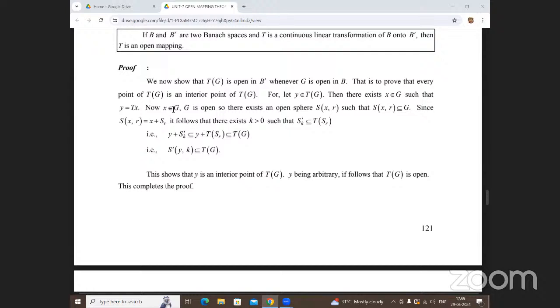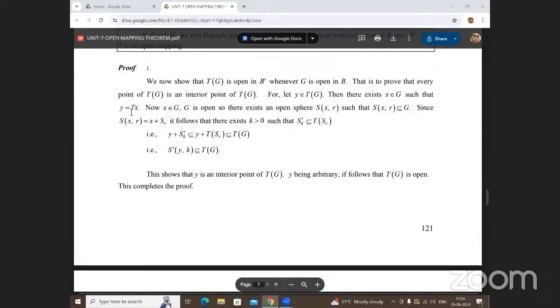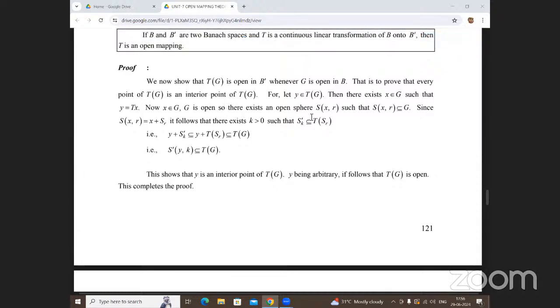Now y equals the transformation of the element x, that is Tx, which we call y. Y is the image, so y is an interior point. Here x belongs to G, G is open, so there exists an open sphere S of x and r.